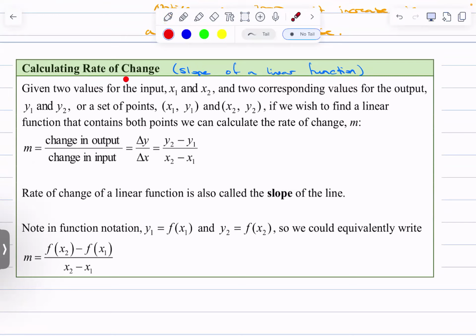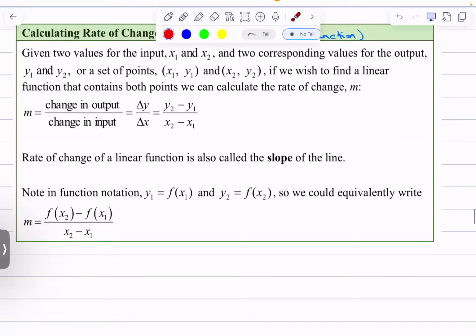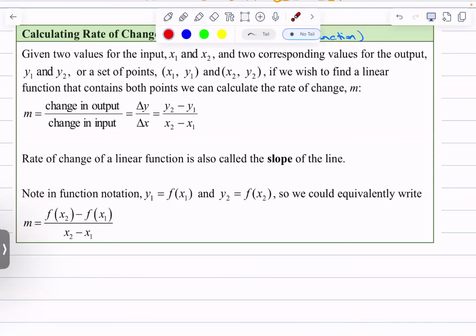We've already calculated some rates of change. And in our case, for linear functions, it's going to be the slope of a linear function. We've calculated average rates of change already, and so we've seen these formulas. But now we see them again, and we're going to use them to find the slope. So if I have 2 points, x1, y1, and x2, y2, then if we're going to find the slope of this thing, we need the change in output over the change in input.